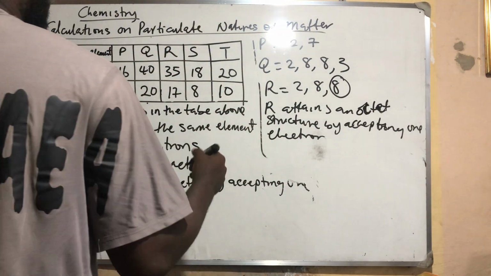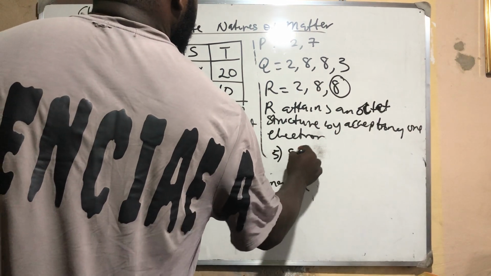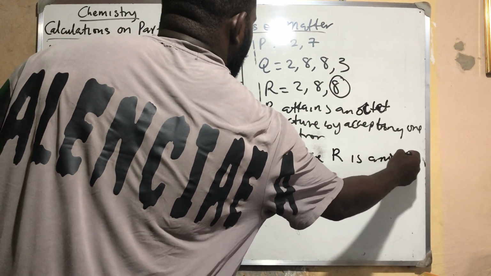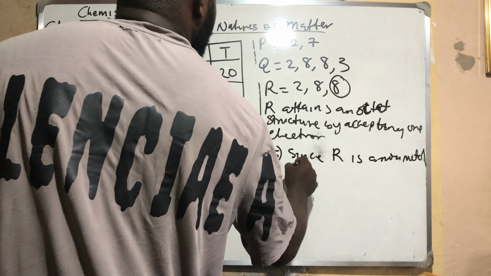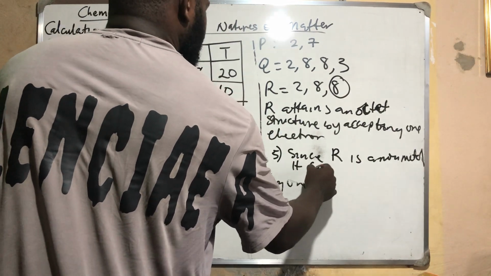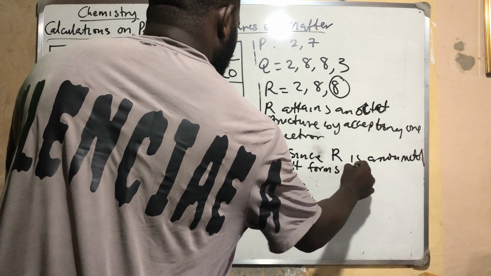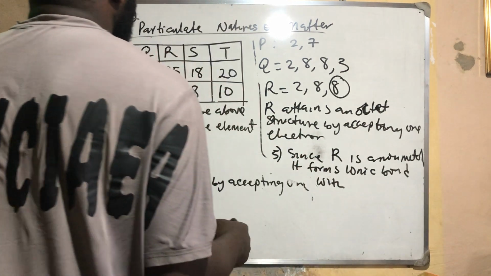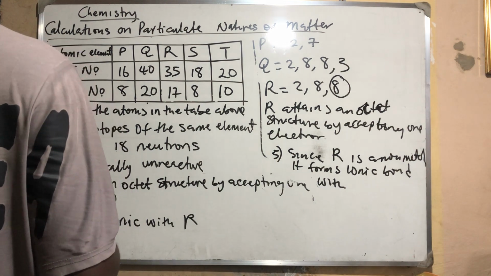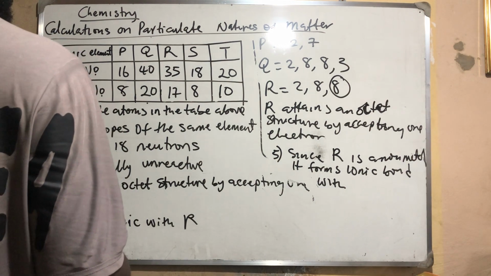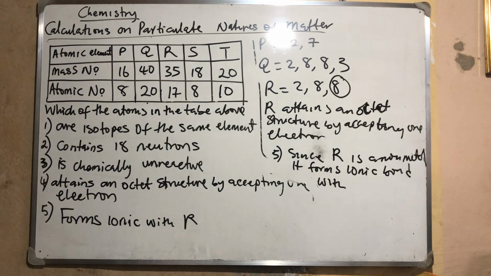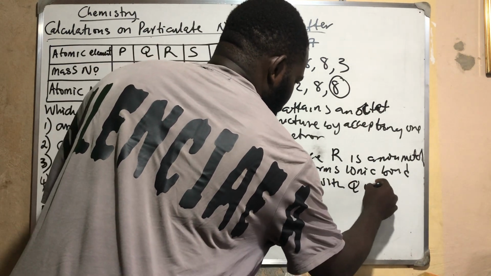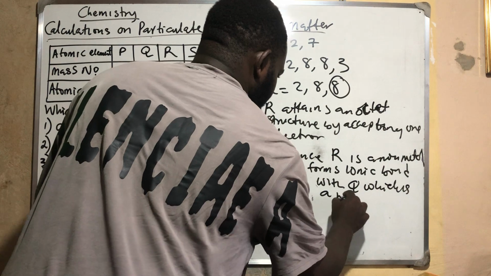So you will say that for number 5, since R is a non-metal, it can form ionic bond with Q, which is a metal.